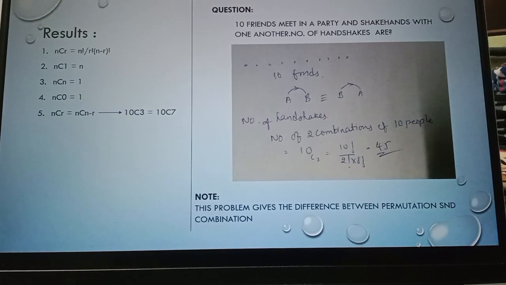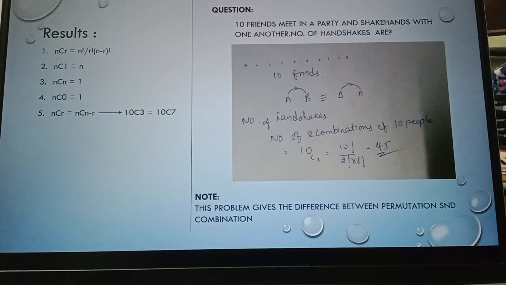Now for better understanding: generally everyone has a doubt about when permutation is applicable and when combination is applicable. There is a dilemma in these two concepts, right? So to clear that, I'm going to explain a question. 10 friends meet at a party and shake hands with one another. What is the number of handshakes?